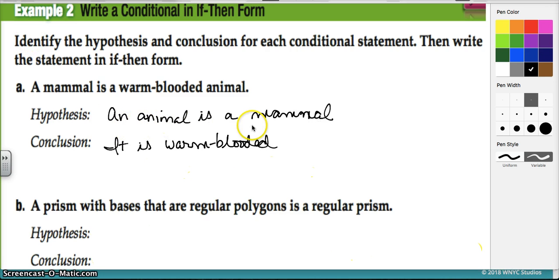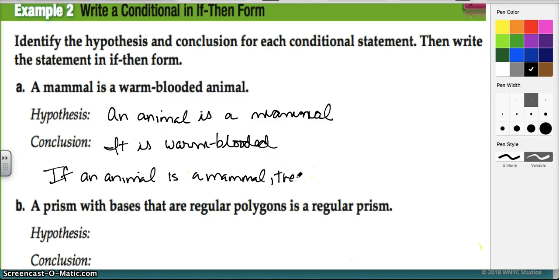Identifying the hypothesis and the conclusion, I then can simply write this as an if-then statement. So I'd write: if an animal is a mammal, then it is warm-blooded.